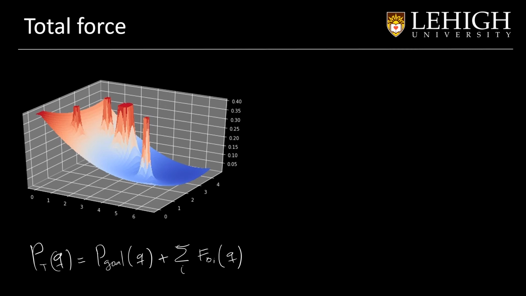Now let's study the total force. We have the equation of the potential, and if we compute the negative of the gradient, we will have that the forces will be similar to the potential, because it will be just adding the force of the goal plus the force of the obstacles.